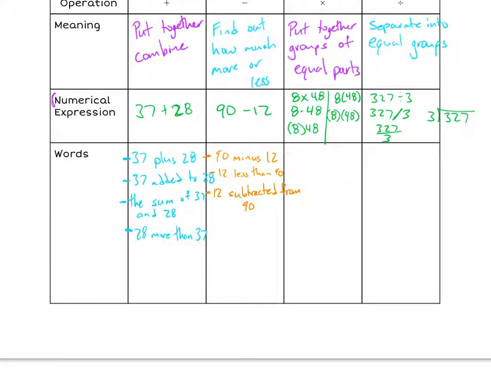I've got two more. The difference of 90 and 12. And take away 12 from 90.